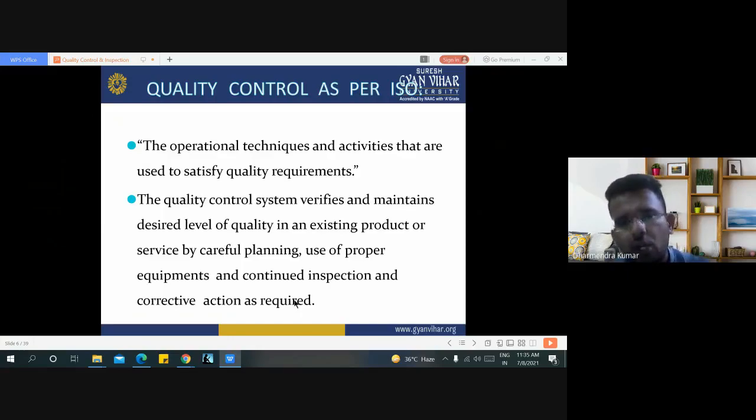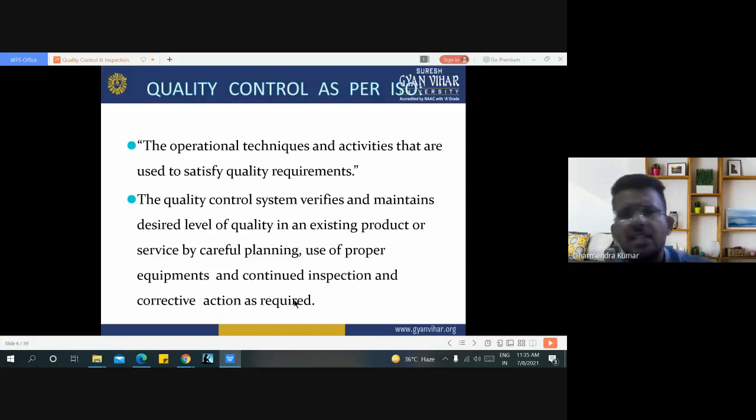The quality control system verifies and maintains the desired level of quality in an existing product or service by careful planning, use of proper equipment, and continued inspection and corrective action as required.